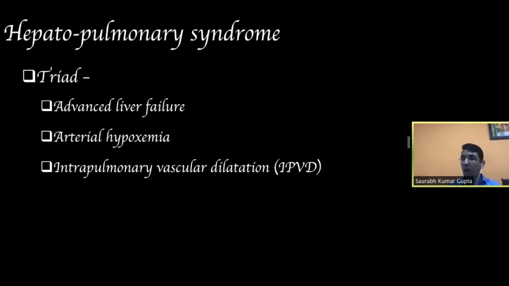That may be the cause of the right to left shunt in all these patients, especially if you are asked to do contrast echocardiography before liver transplantation. If you search the literature, there are at least 100 reports of saline contrast echocardiography in patients with liver diseases. So it is one of the indications where it is increasingly being used.